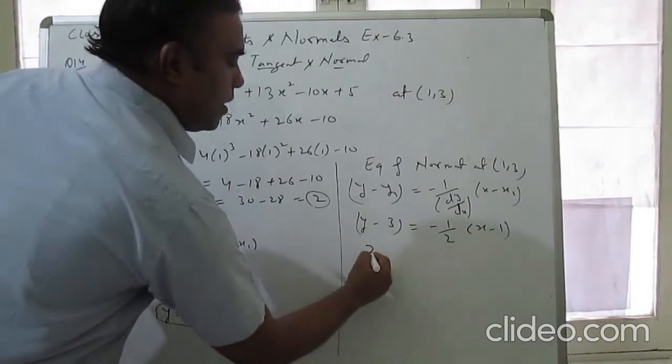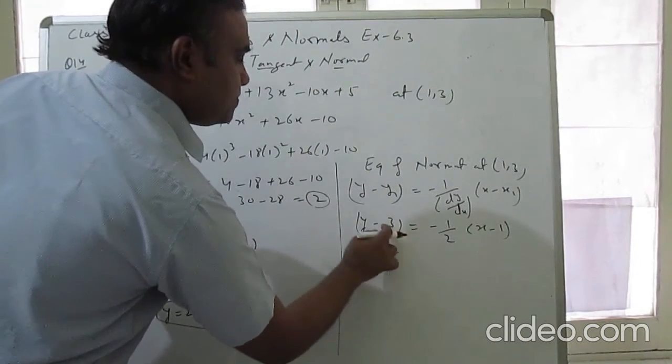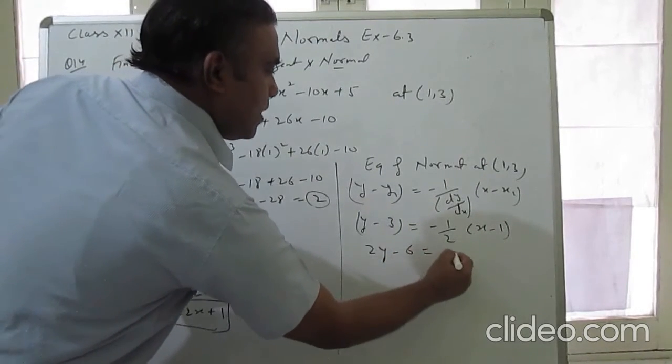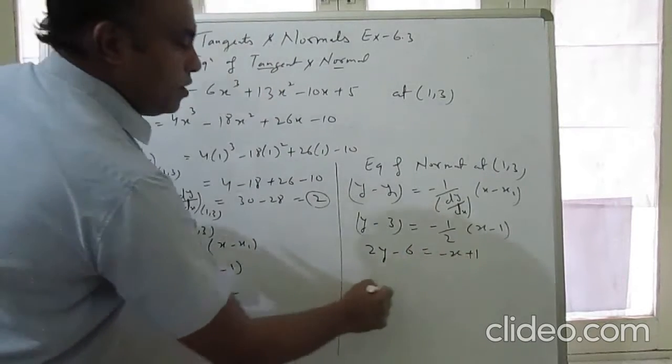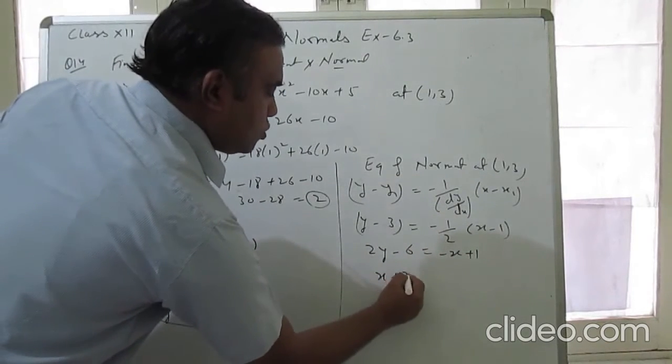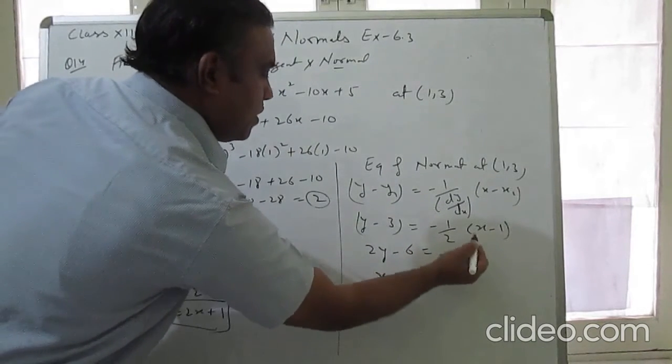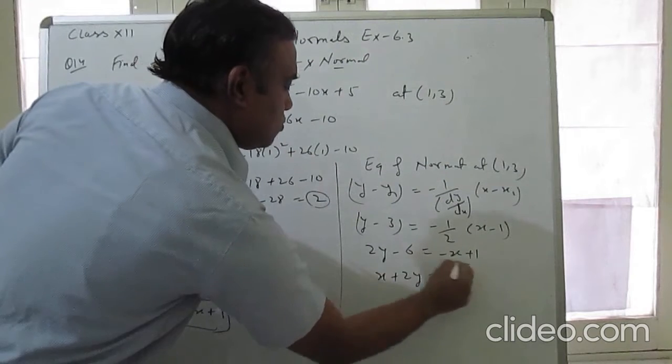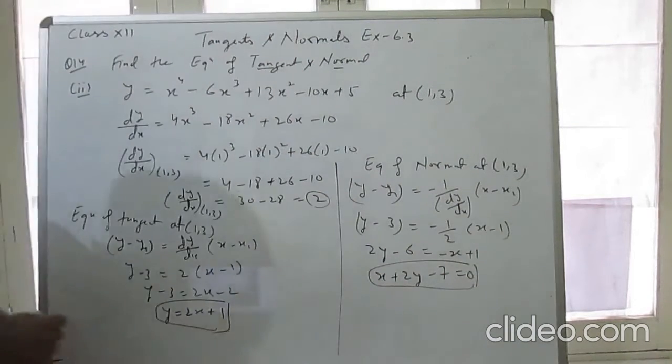Now cross multiply: 2y minus 6 is equal to minus x plus 1. So x plus 2y, this 1 will come here, minus 7 is equal to 0. This is the equation of normal.